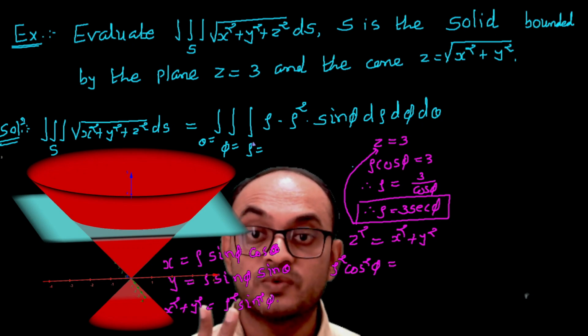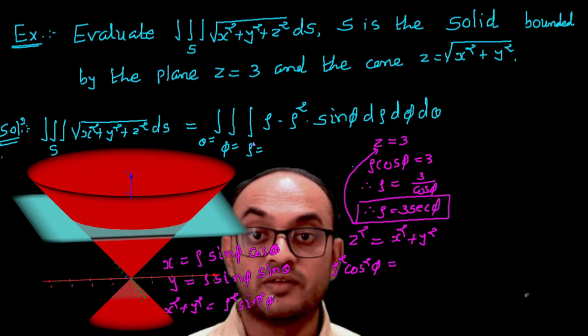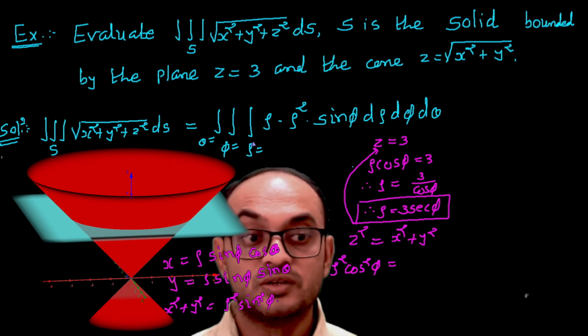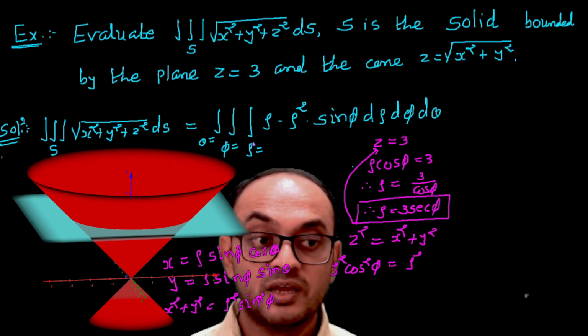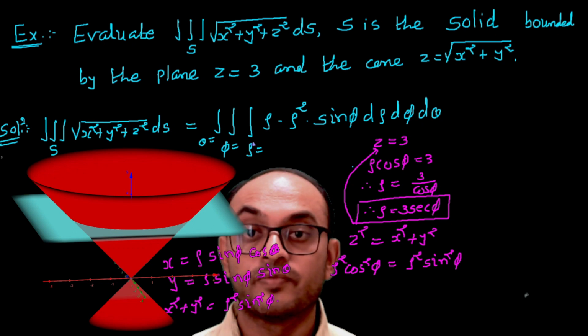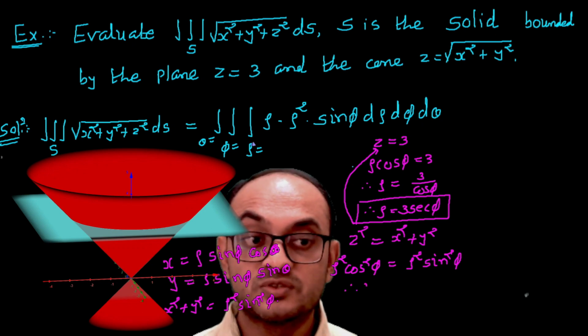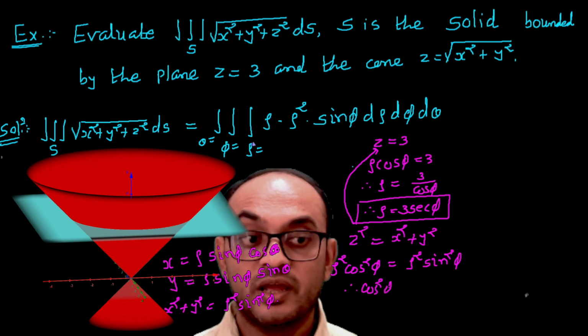So x square plus y square is equal to only rho square sine square phi. That I substitute here. So rho square cos square phi is equal to rho square sine square phi. Rho square cancels out from both sides. Therefore cos square phi is equal to sine square phi.